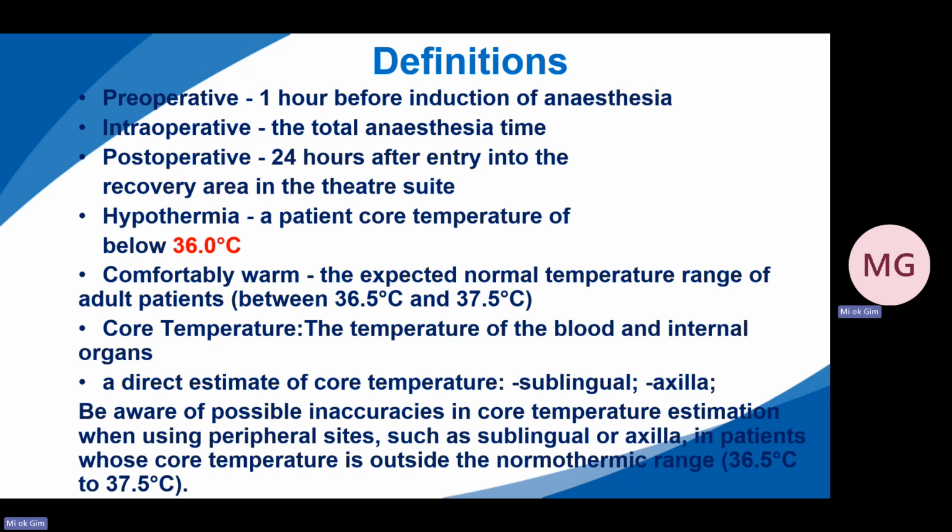Hypothermia is defined as a patient core temperature below 36. We are aiming for a comfortably warm temperature, which means between 36.5 and 37.5, the expected normal temperature range of an adult.